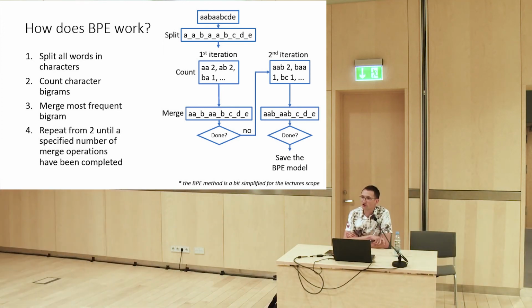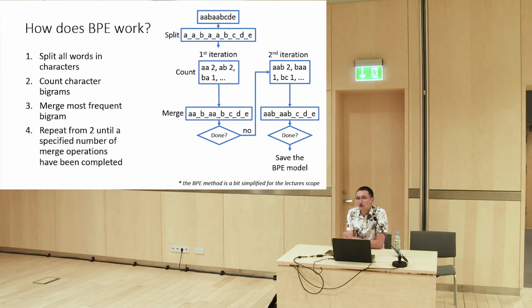After the first one, we have only one. We check whether we have reached the maximum number of merge operations, which is the amount of input signals that we want to have in the neural network, so how large the input vocabulary should be. If the merge operations have not reached the maximum count, we continue by counting bigrams.